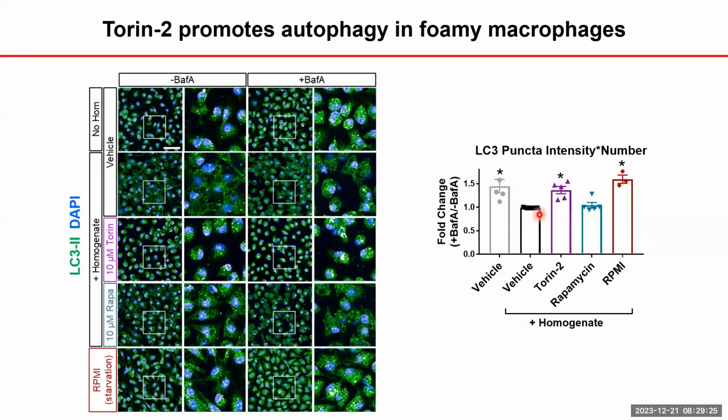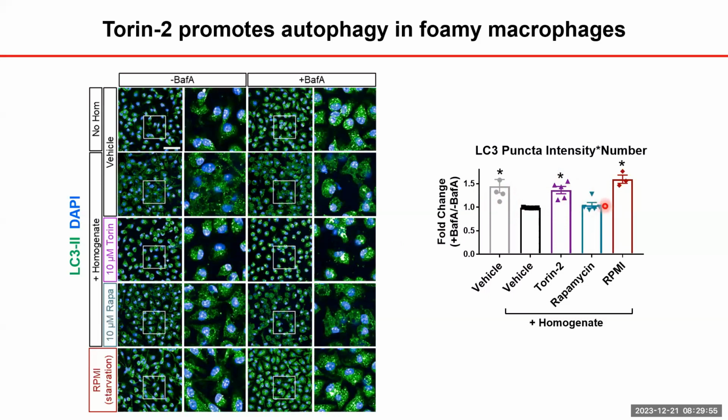And if you add homogenate, you actually see a decrease. So accumulation of lipids, adding spinal homogenate to the macrophages, actually reduces autophagy in these cells. And then if you add TORIN2, you can see that it brings it back up to more basal levels, indicating that addition of TORIN2 promotes autophagy in foamy macrophages.